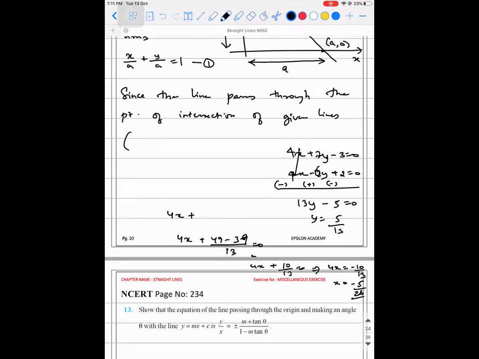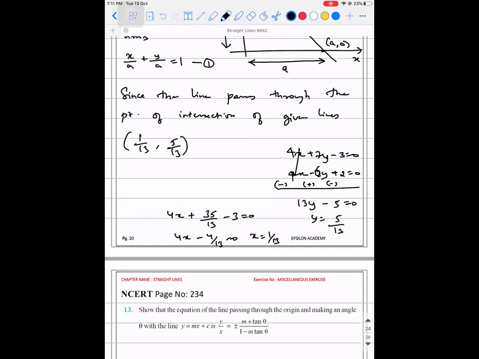Then 4x plus 7 into 5 by 13, that is 35 by 13 minus 3 is equal to 0. Then what will we get? 4x plus 35 minus 39 is minus 4. Minus 4 by 13 is 0. So x is 1 by 13, right? So 1 by 13 comma 5 by 13.